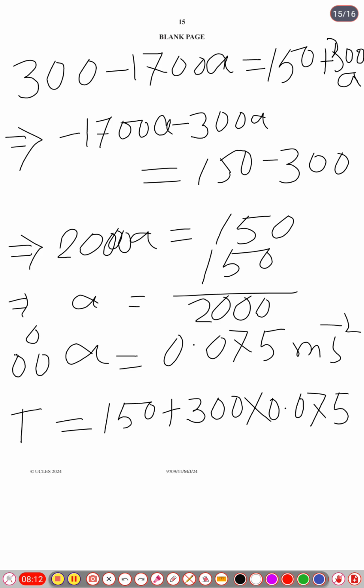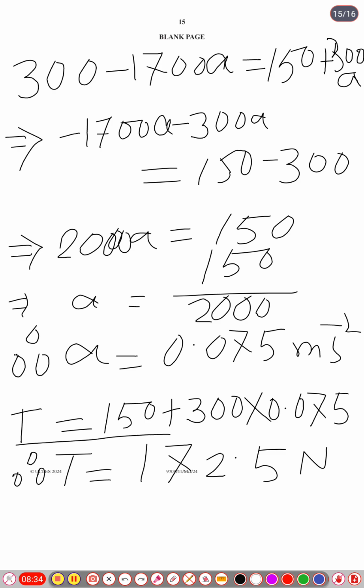Using a calculator we can find this result directly, 172.5 Newton.